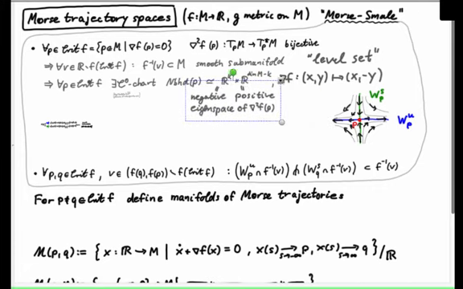So this splitting here is, I can look at my Hessian at the point P. It's non-degenerate, so it has no zero eigenvalues, and it's symmetric, so I can split it into positive and negative eigenspaces. Then, of course, the eigenvalues in general will not be plus or minus 1, but the idea is to rescale so that the eigenvalues become plus or minus 1 in those directions, and then to trivialize that nearby.